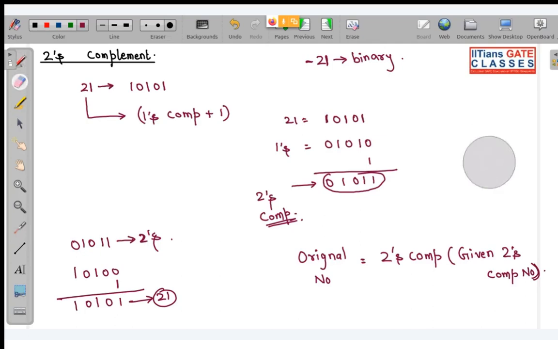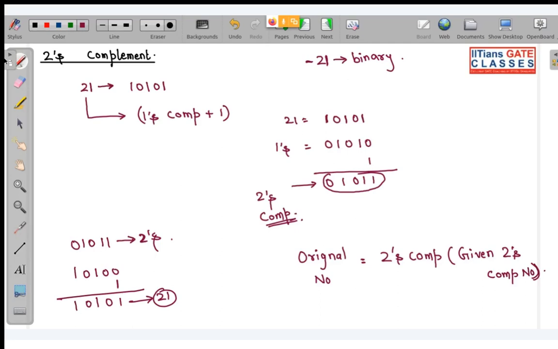But now how to represent a negative number, because in computers, in calculators, in every digital system we enter negative numbers. So how do we represent a negative number in a binary system?